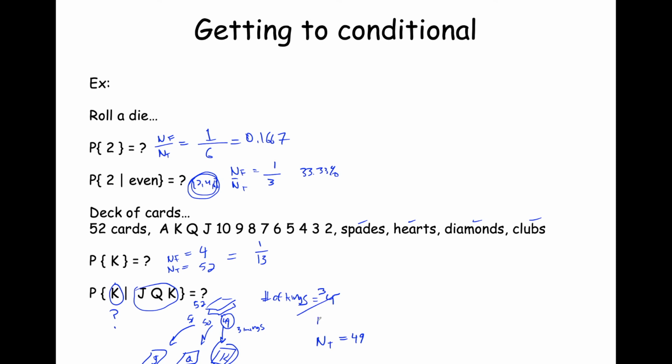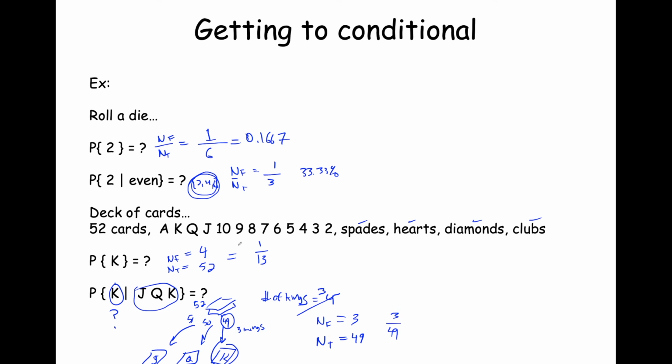And now the number of favorable, well, I have 3 kings that I can possibly pick. That's now 3. So I have 3 over 49 as my probability. Now, of course, if I didn't know that a jack, queen, and king were given out, well, I have 4 over 52. 3 over 49 is a better probability than 4 over 52.